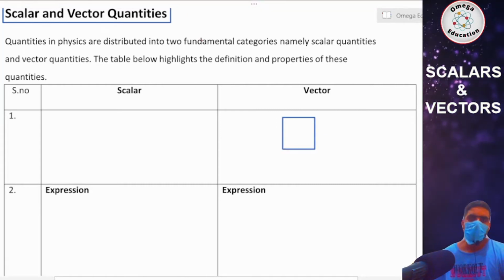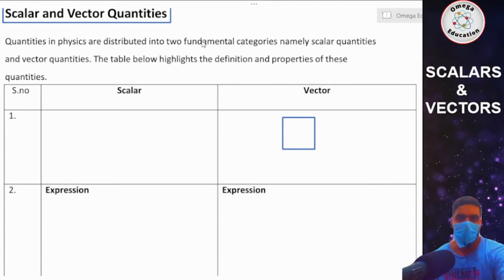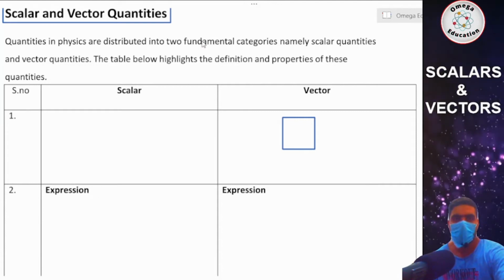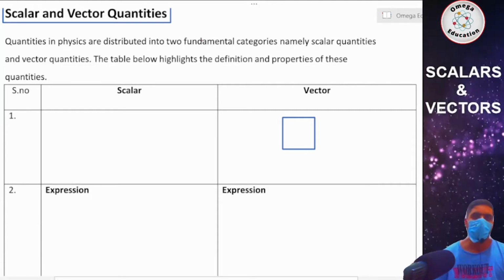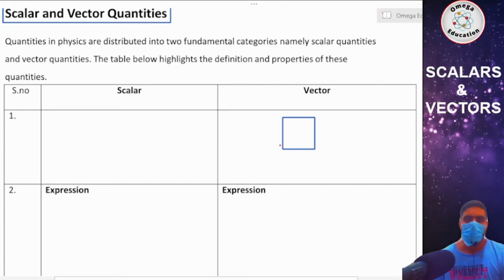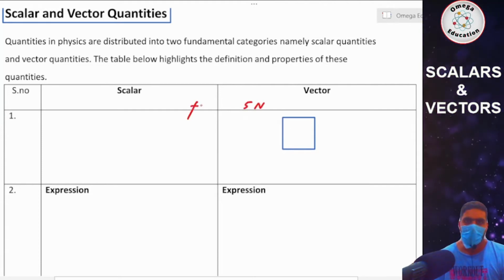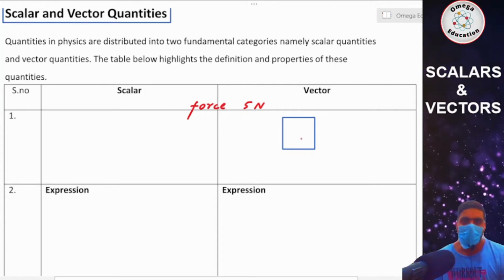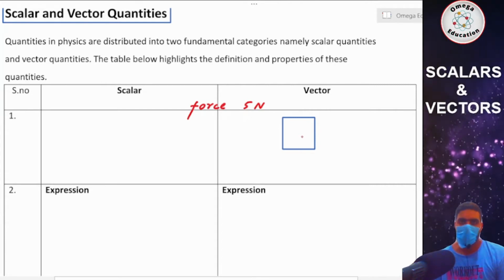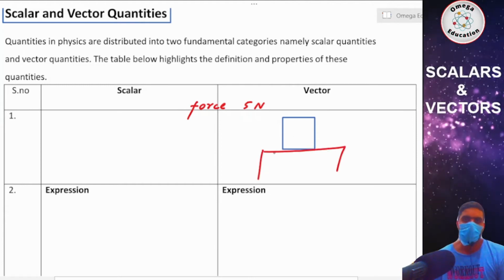So before we start this one, I always start this topic with a question for my students. Suppose there is a box, and I say I have a force of 5 Newton that is being applied on the box, and that box is, let's say, placed on the table or something.